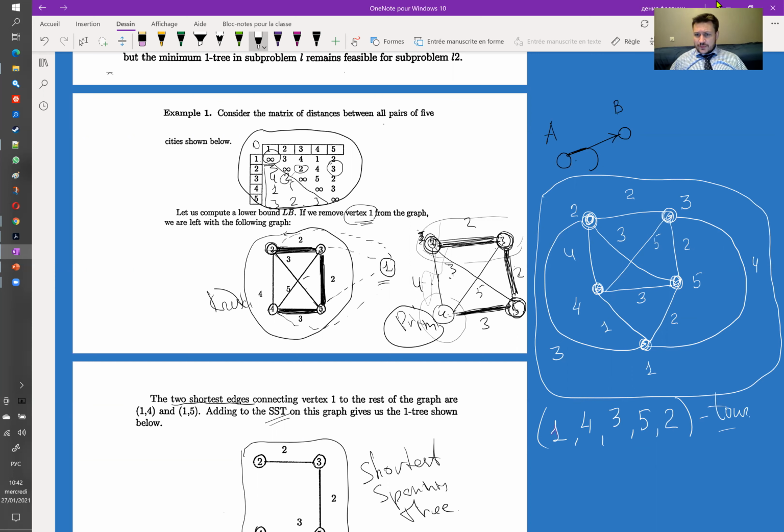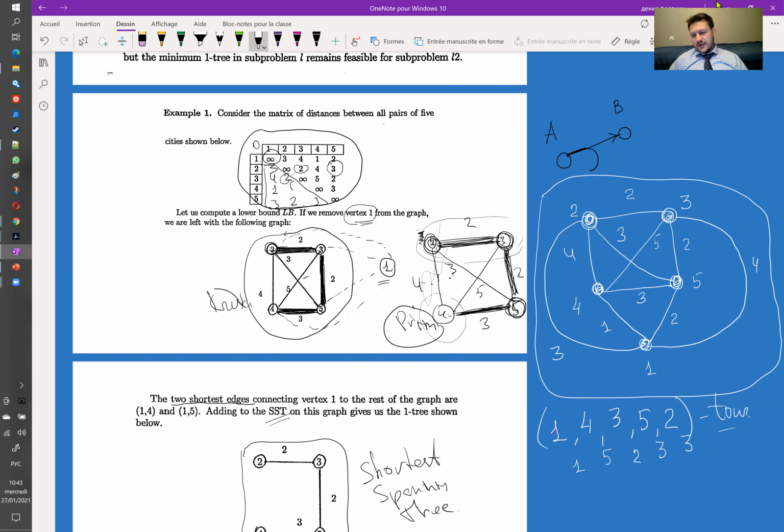For this example, from 1 to 4 is 1, from 4 to 3 is 5, from 3 to 5 we have 2, from 5 to 2 we have 3, and from 2 to 1 we have 3.